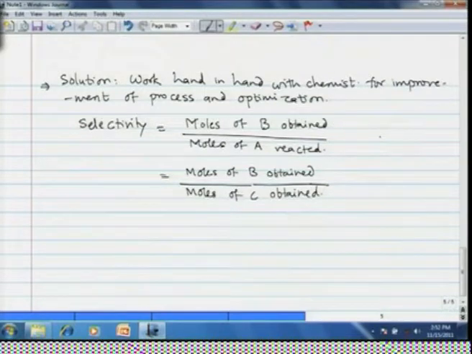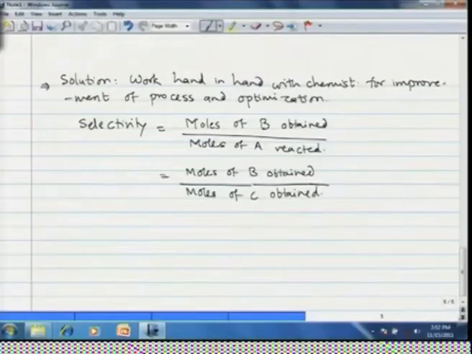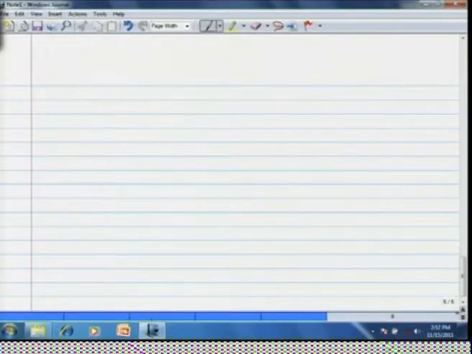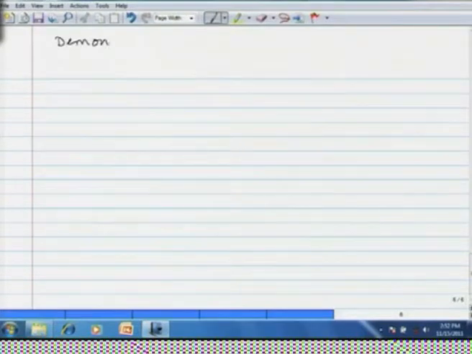However, when we use the literature data for designing of a process, we need to check which definition of the selectivity the authors have used. Okay. Now, let us demonstrate the concept of selectivity with the example of HDA process that we saw in previous lecture. Demonstration of concept of selectivity.